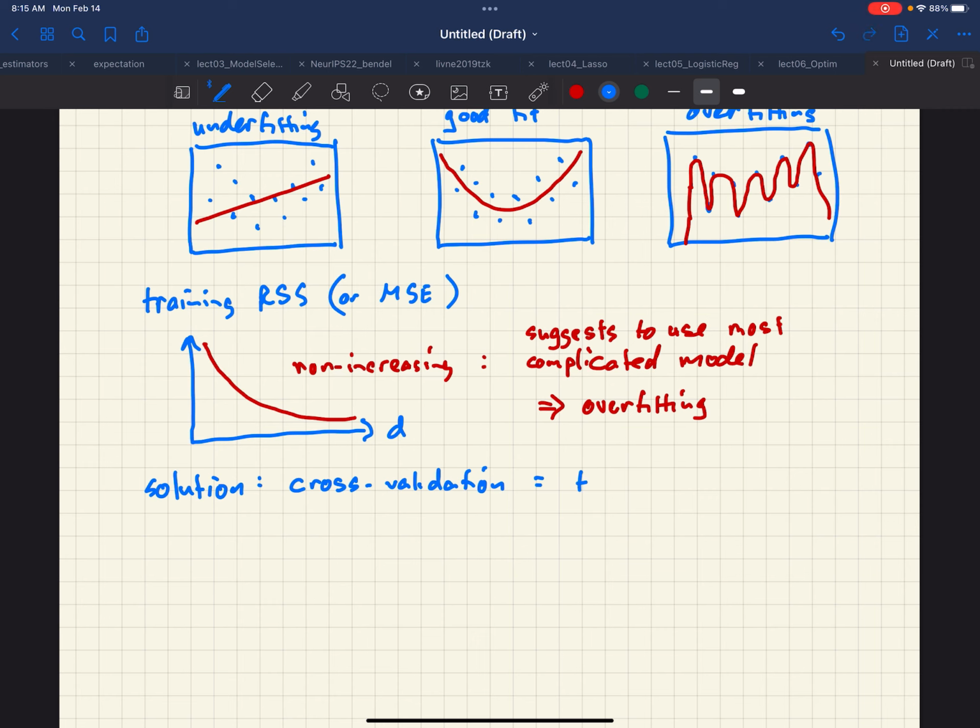And we'll say that you test, or maybe I'll say it this way. Design model order on samples different from the training samples.